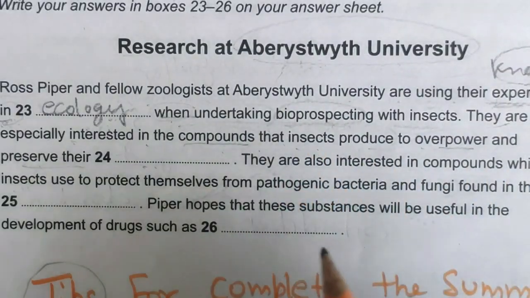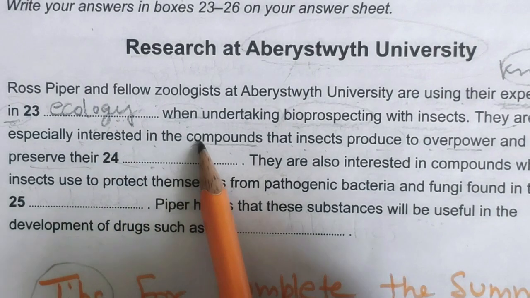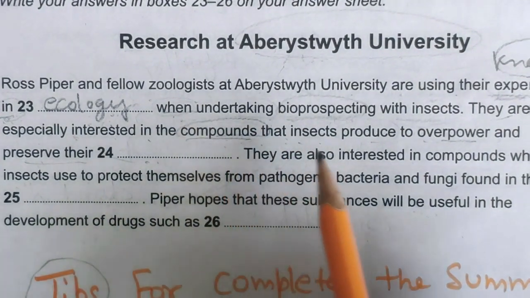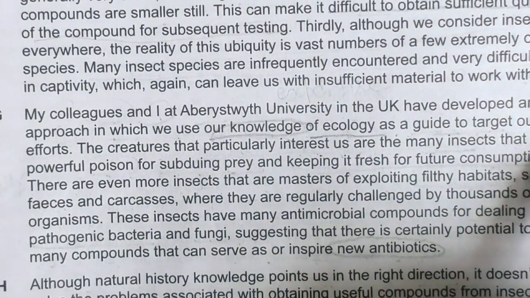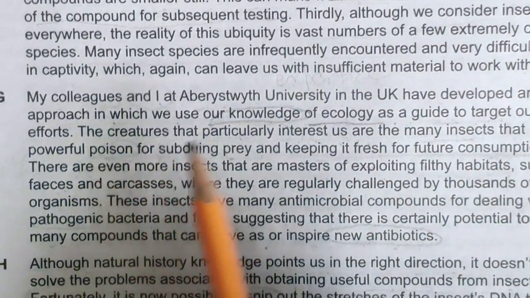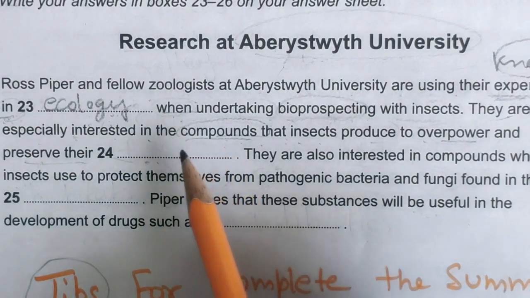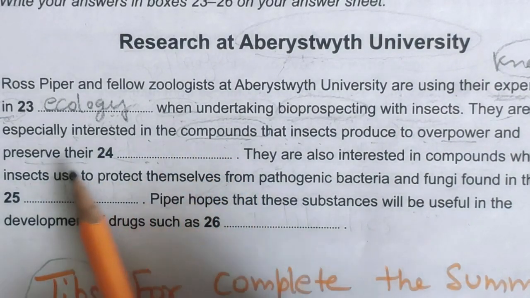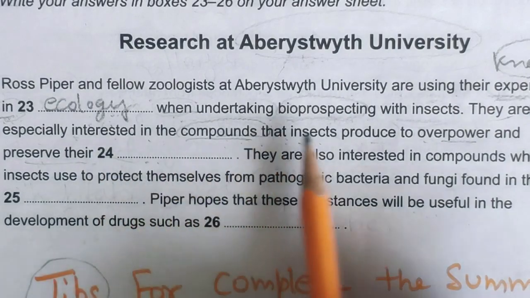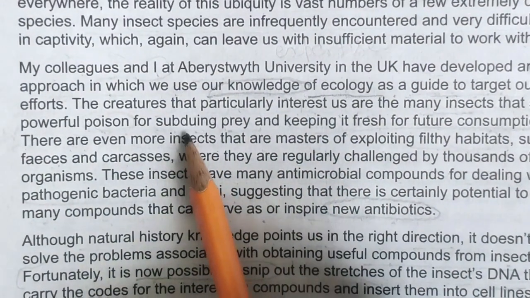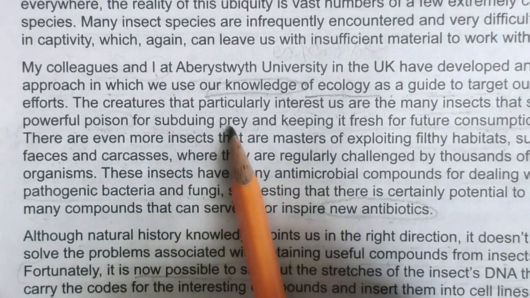Yes, they are especially interested in compounds that, now compounds here they are talking about secrete powerful poison. So if you look at the word poison, this is again compound. So preserve there, produced to overpower, see, for subduing prey and keeping it fresh for future consumption.